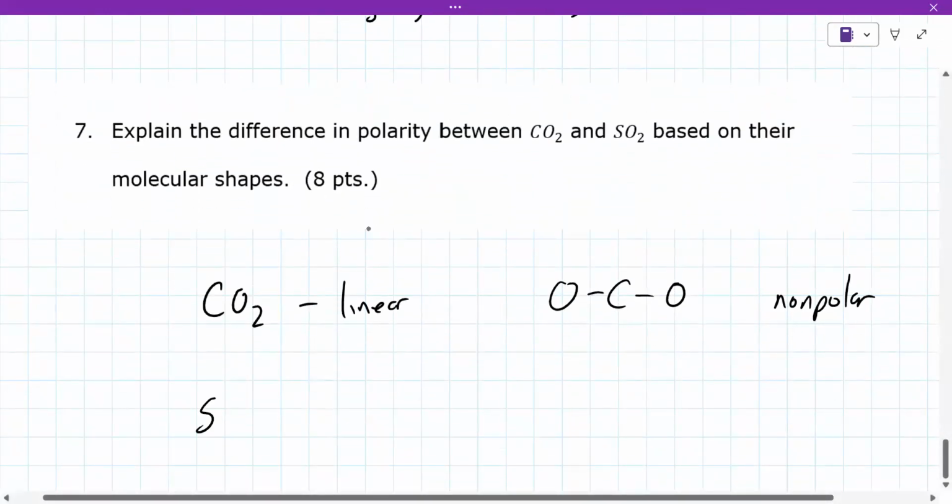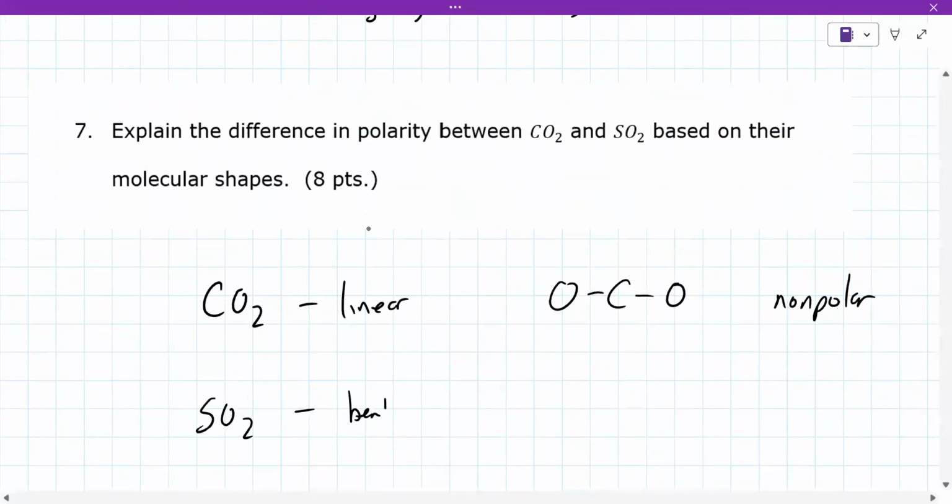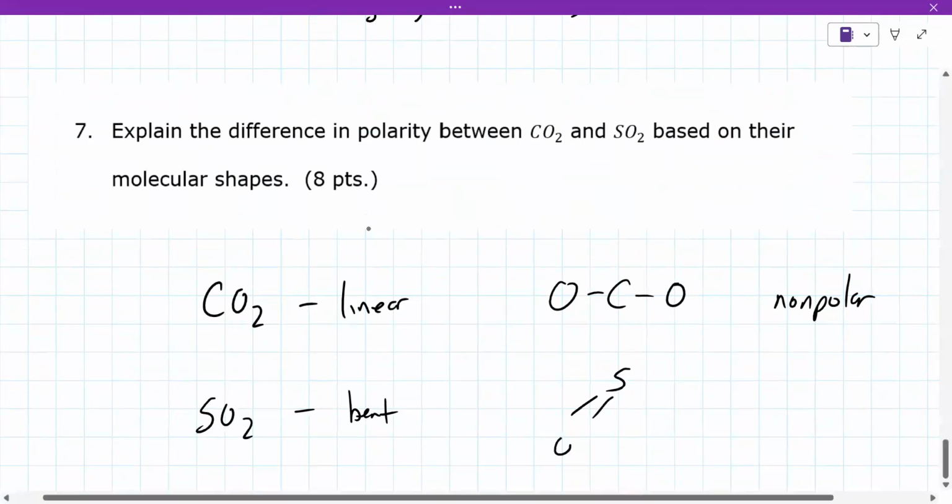And then I believe SO2 was bent. So you have the S and O, and this was polar.